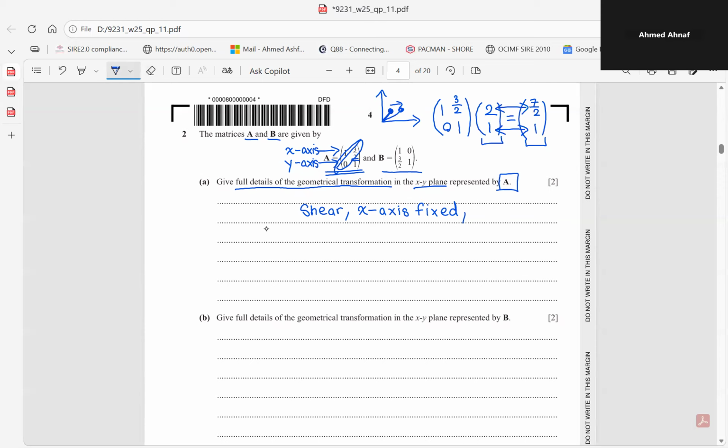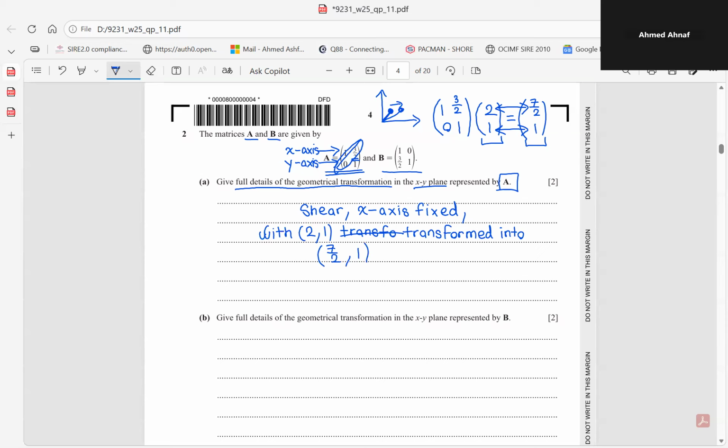So basically, you can just write with your original point 2, 1, translated, wait, no, transformed into 7 over 2, 1.